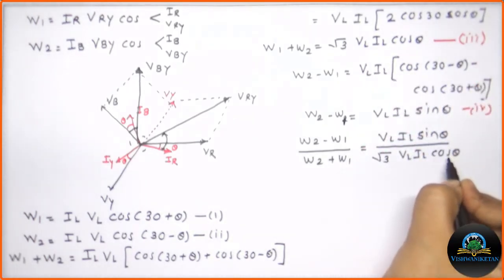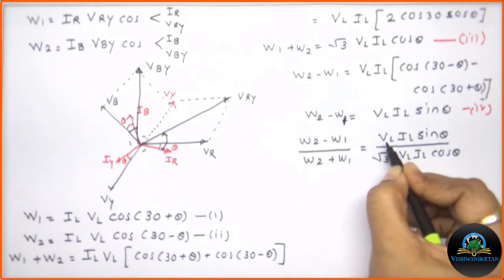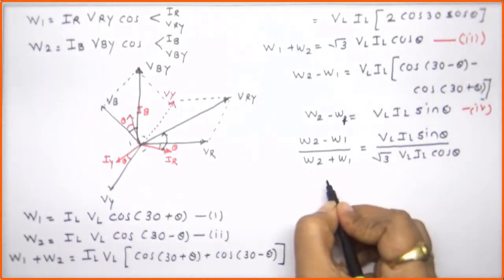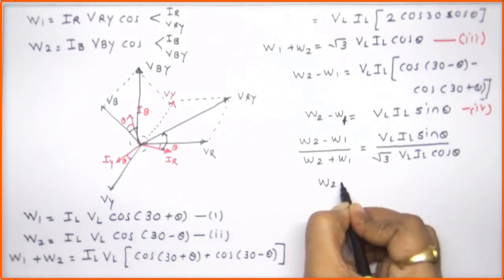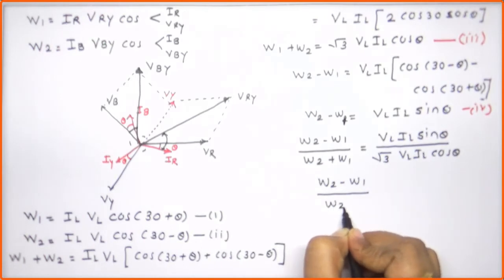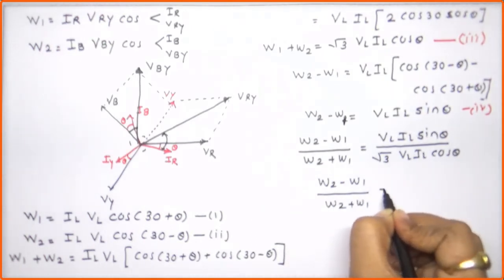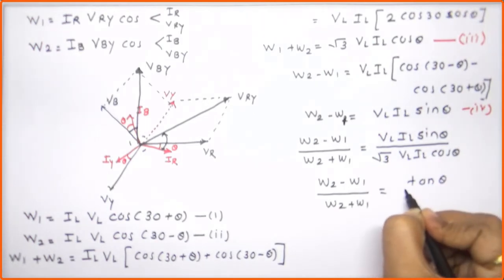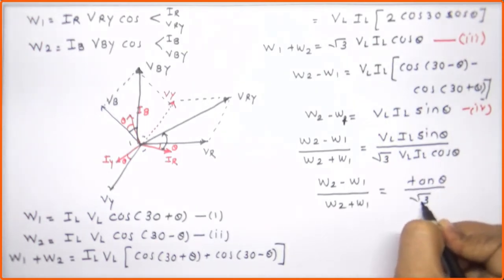Now sine theta upon cos theta is tan theta, and VL IL can be cancelled. So finally I will be getting W2 minus W1 upon W2 plus W1 equal to tan theta upon root 3.